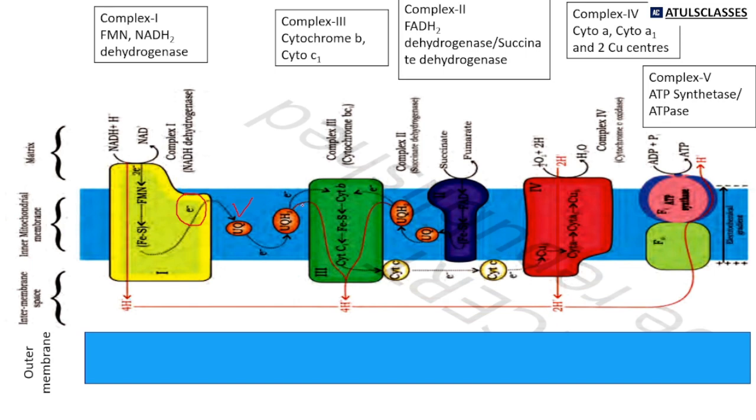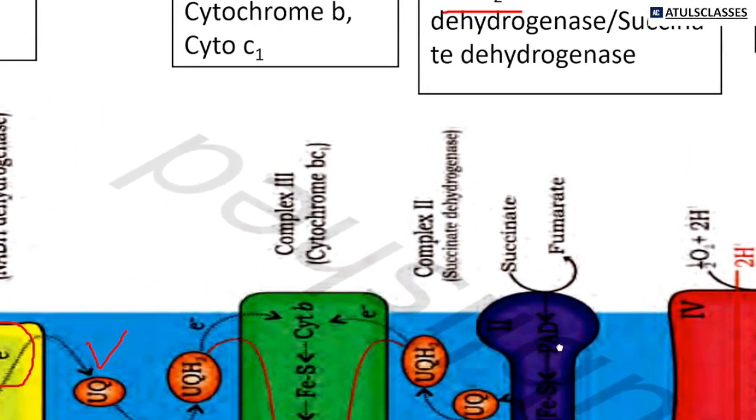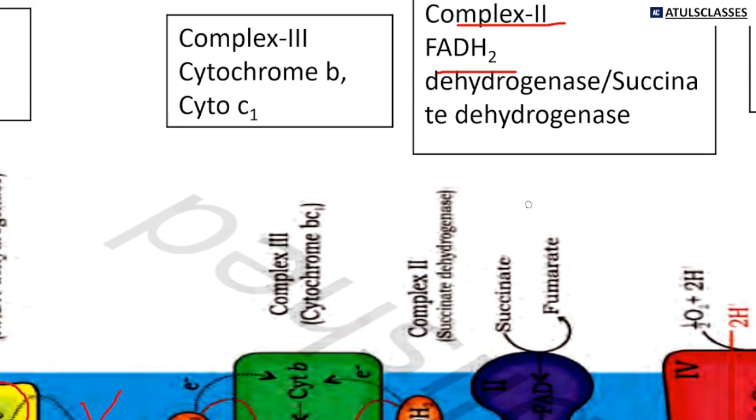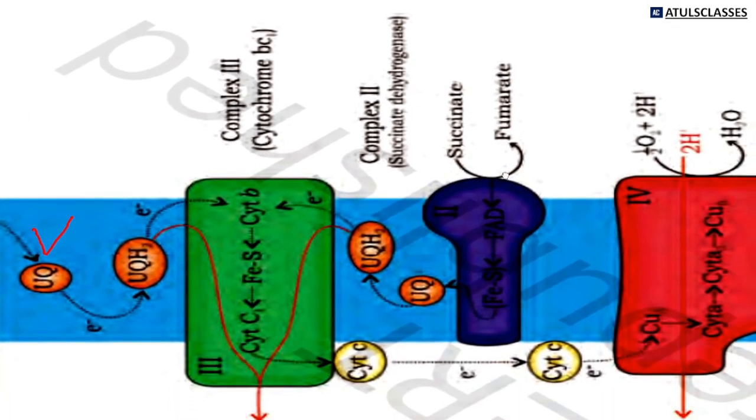So from where has this hydrogen come? You can see here complex number 2. Complex 2 is also generating the hydrogen ion, where you will see FeS. Complex 2 is made up of FADH2 dehydrogenase, succinate dehydrogenase, where there is a formation of electron.